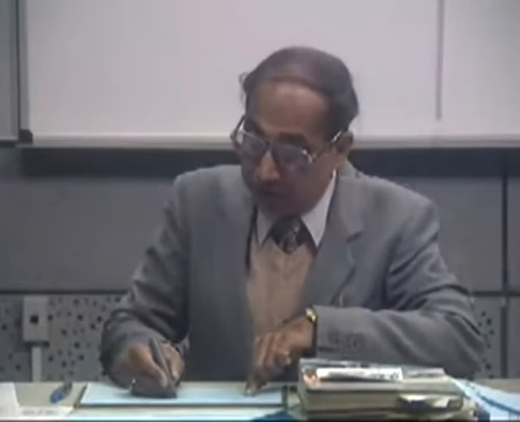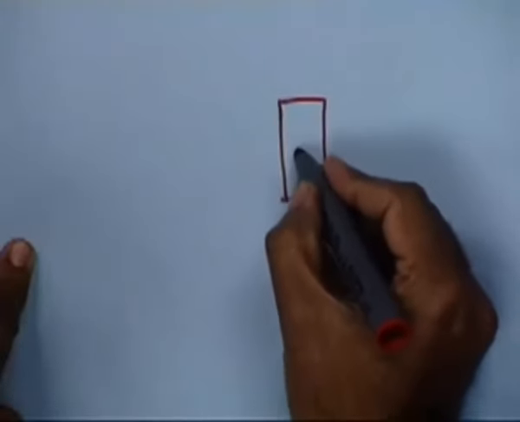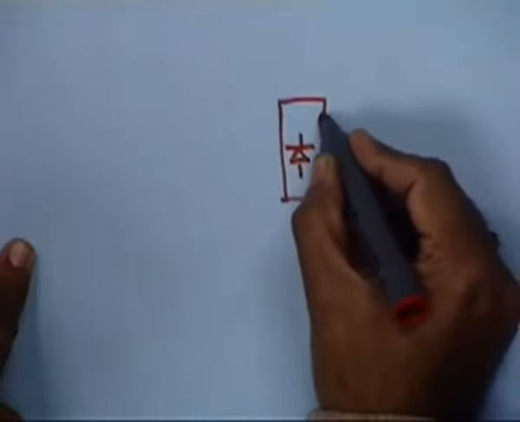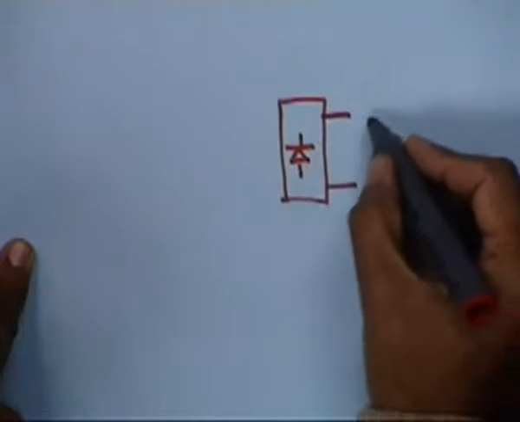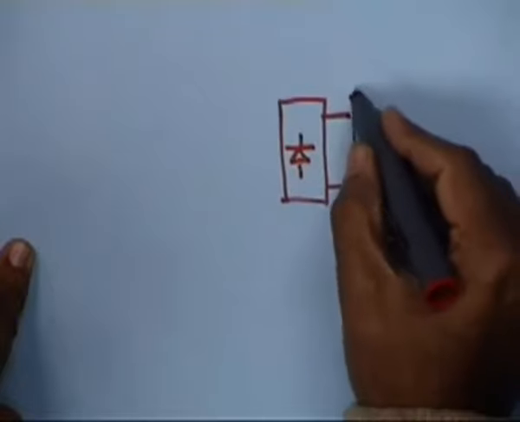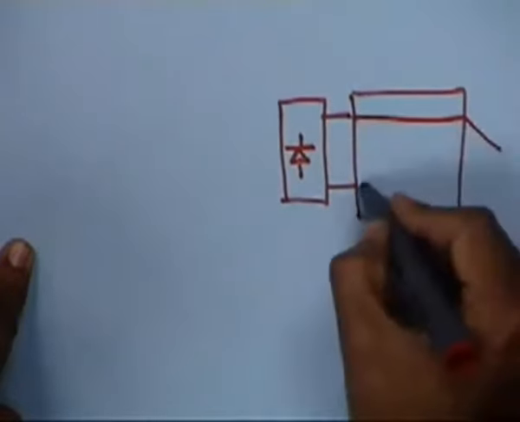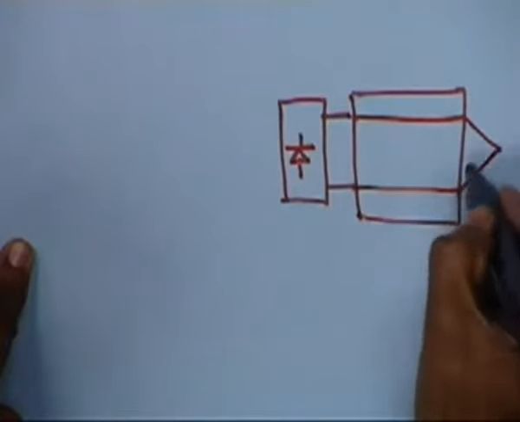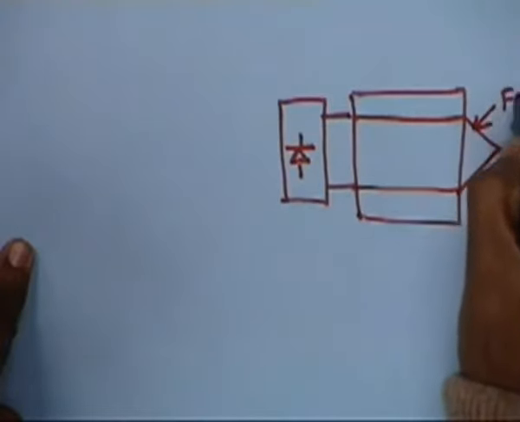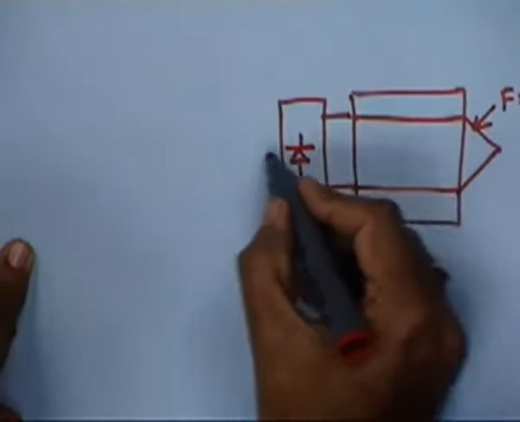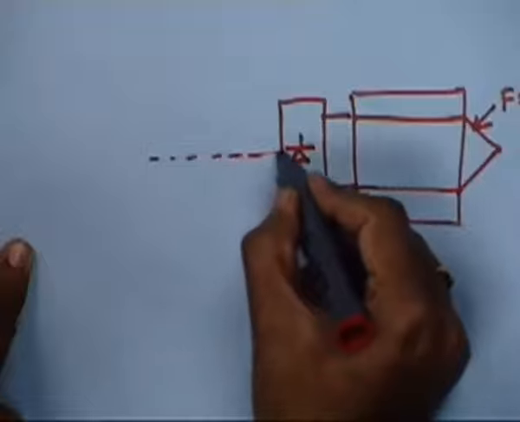That means if you have the rotating diodes, I will show it like this, and they will be feeding directly to the field windings. So to the field winding they are directly connected. This is the field, and this is the main generator, and they are all on the same shaft.